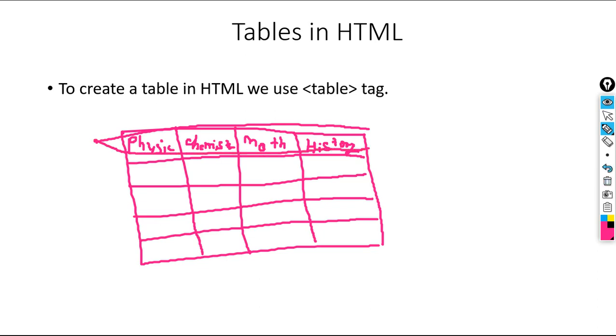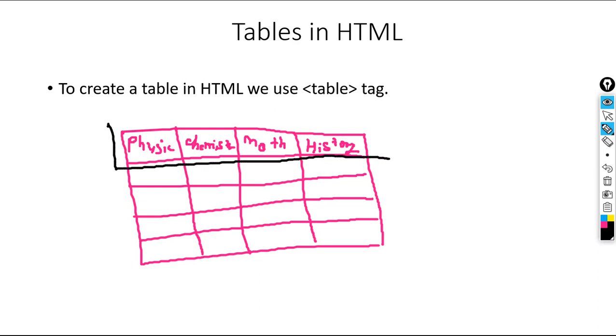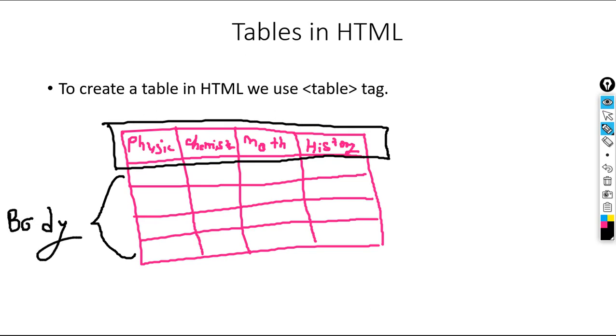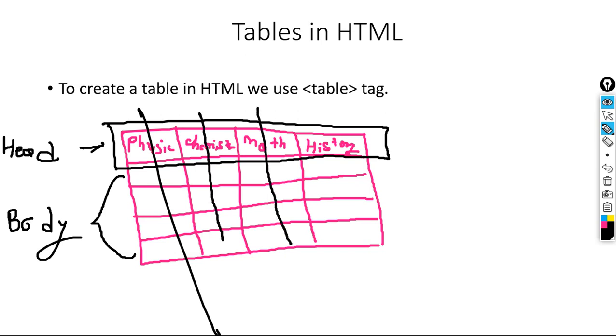Let me change the color. See here, this part is the heading, correct? And the remaining part is the body of the table. This is body, this is body, this is the head of the table, and these are columns, correct?